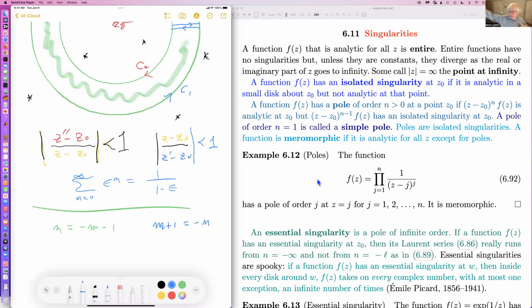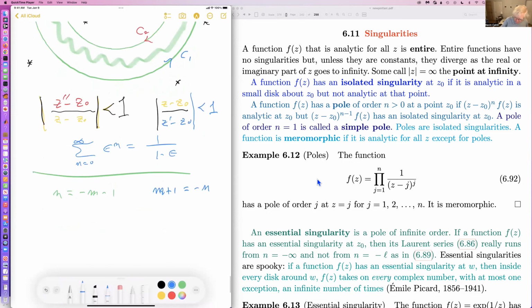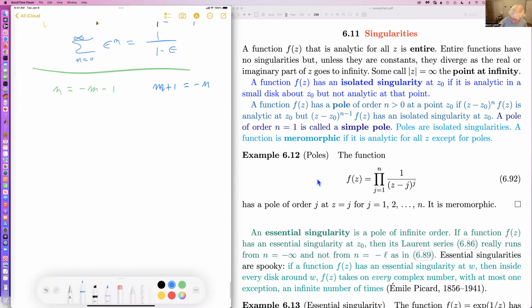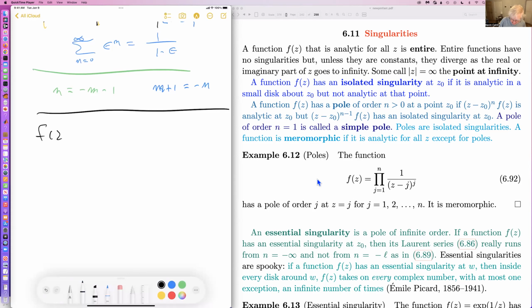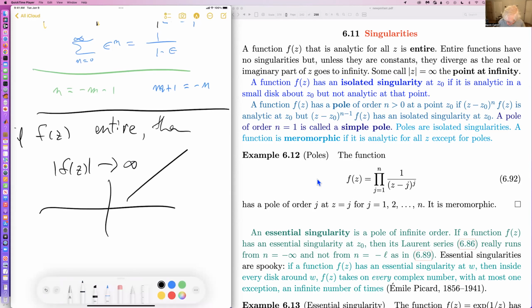So in other words, if you go out in the complex plane, if f of z is entire, then the absolute value of f of z goes to infinity if you go out in the complex plane in some direction.